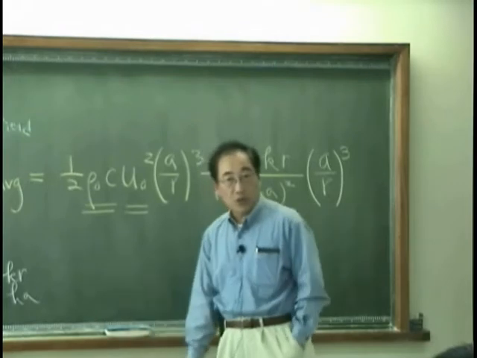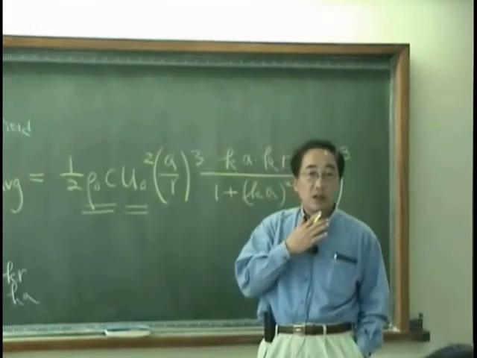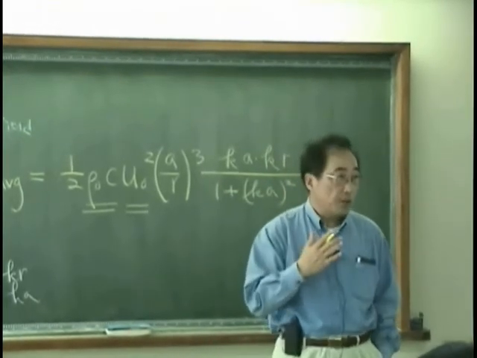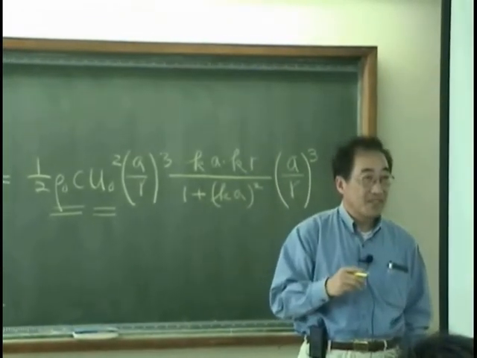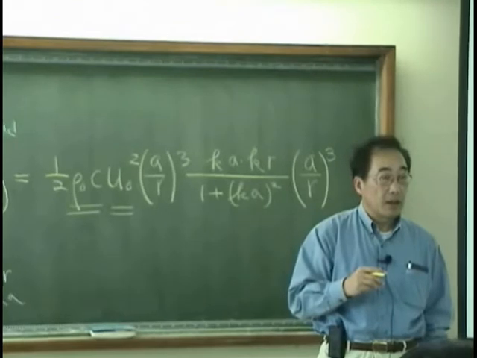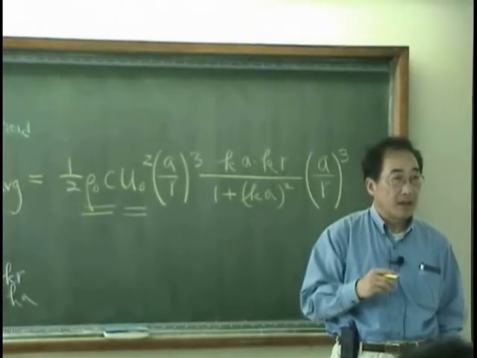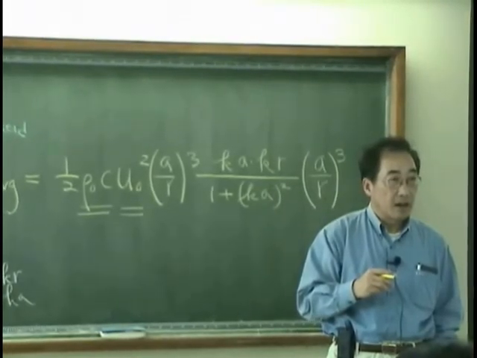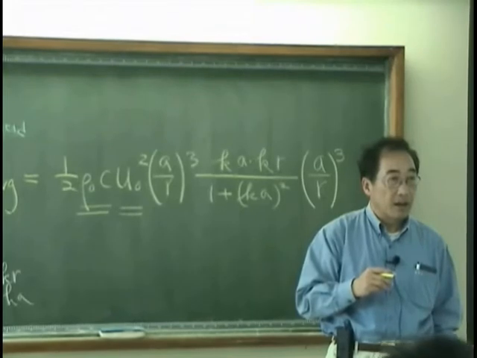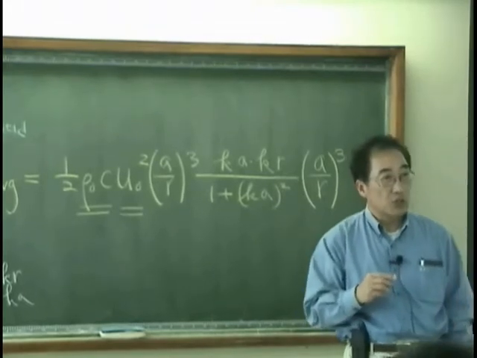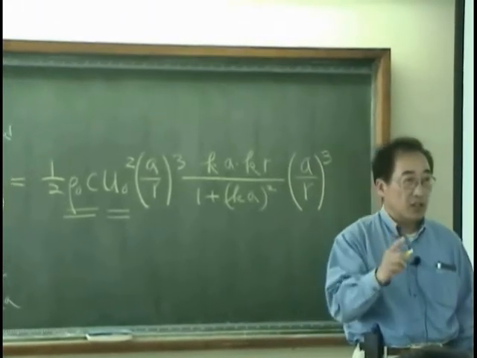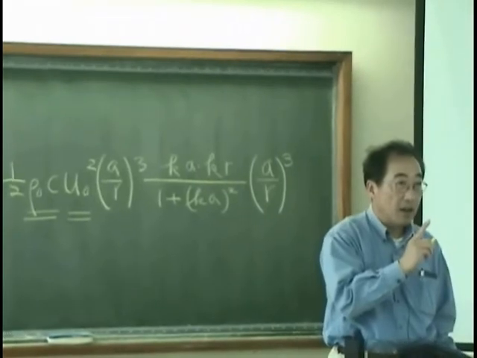And U 0 square is the square of the velocity. Isn't it intensity? Yeah. Right. Your question is, what's the difference between intensity and the power?